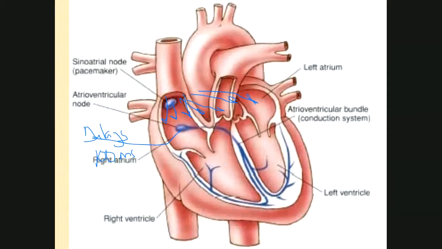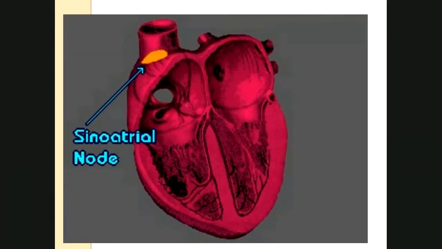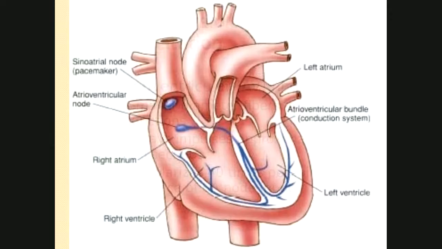And what that does is it gives time for the atria to contract before it gets passed on down to the ventricles. Again, that happens at this AV node right here.